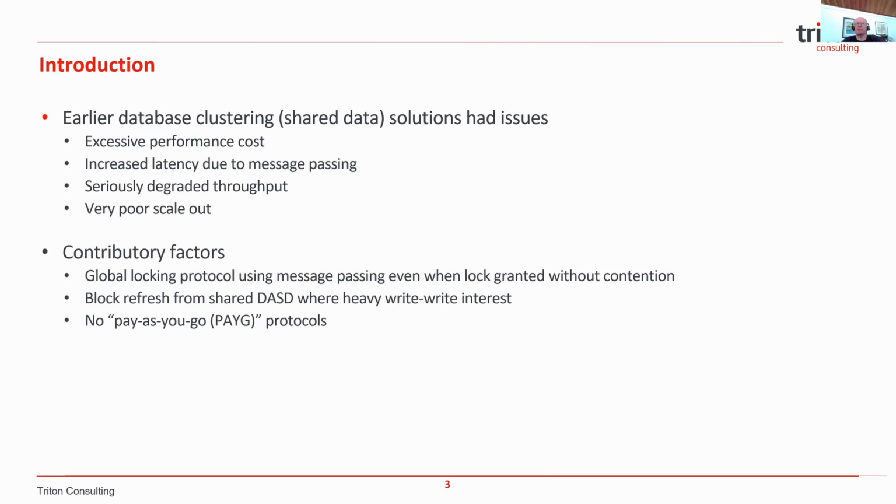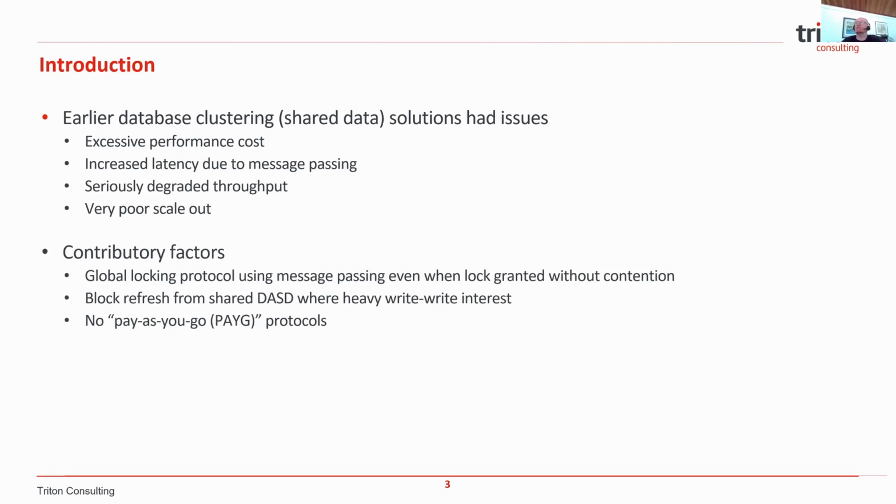So the contributing factors were the global locking protocol was all about message passing. Even if a lock could be granted without contention, message passing was involved. When there was what I call hot data, in any application system, there's usually some data where there's heavy inter-system read-write interest on that page of data or set of pages.